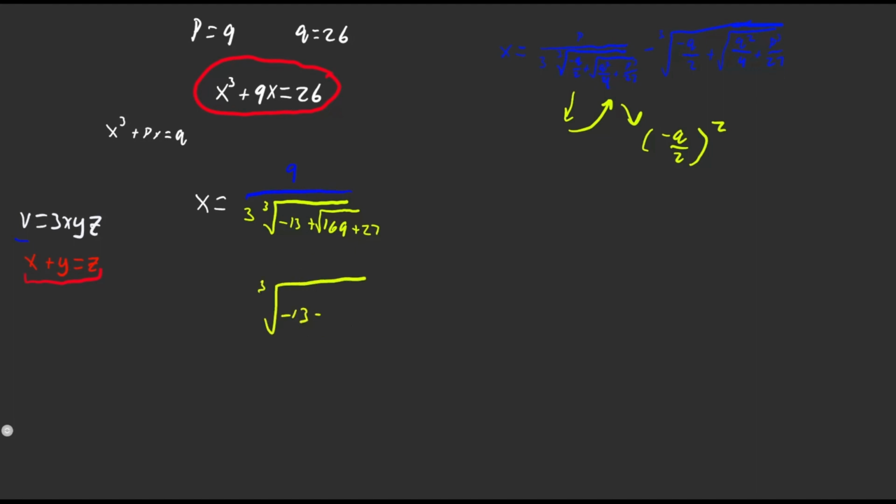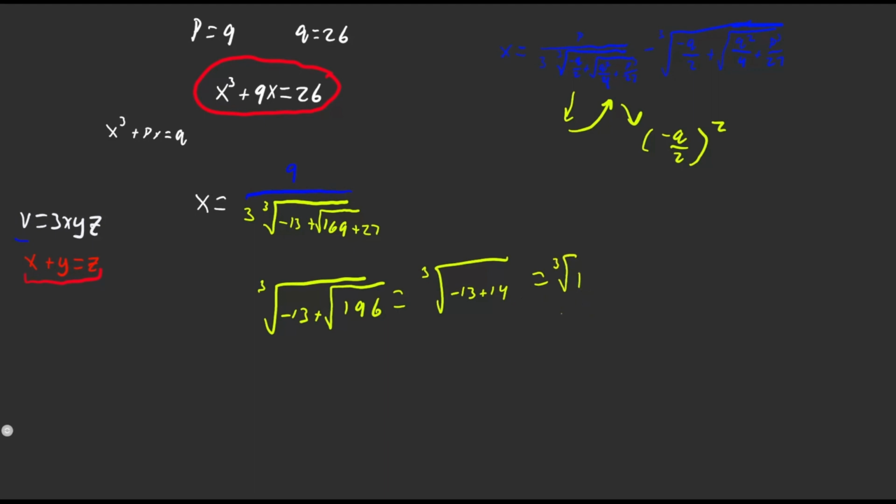Negative 13 plus the square root of 169 plus 27, which is 186. No, 196. And there we see that the square root of 196 is 14. So we just write equals to the cube root of negative 13 plus 14, where we get the cube root of 1.